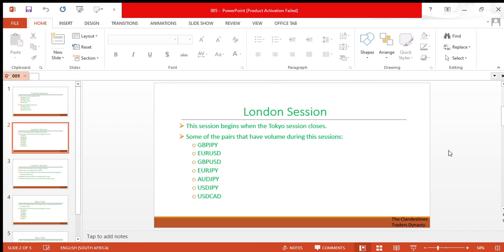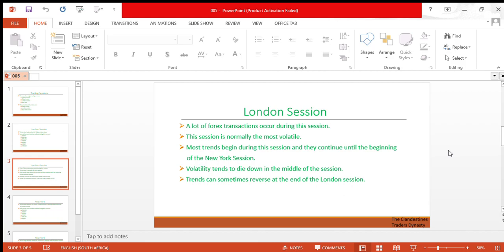The London session begins when the Tokyo session closes, and some of the pairs that have volume during this session are GBP JPY, Euro USD, GBP USD, Euro JPY, AUD JPY, USD JPY, USD CAD. You don't have to trade all of these pairs. You can just trade some of them, because I trade GBP JPY, Euro USD, Euro JPY.